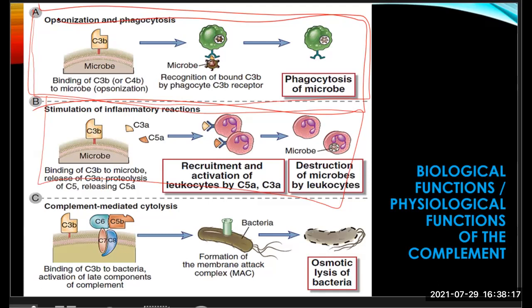So in row A, cell-bound C3b is an opsonin that promotes phagocytosis. So C3b promotes phagocytosis of coated cells.